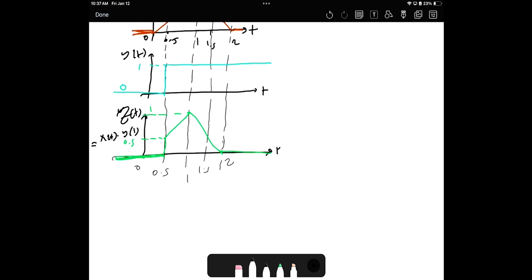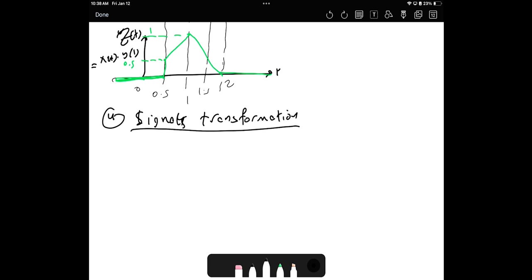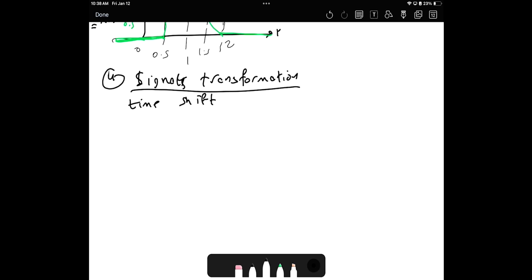Now there is also time shifts. This is related to signals transformation. Signals transformation, time shifts. So let's assume we have this signal that goes from the origin, which is x of t equal to t.